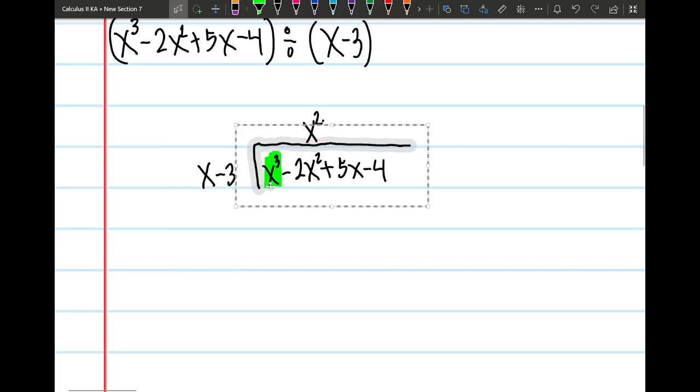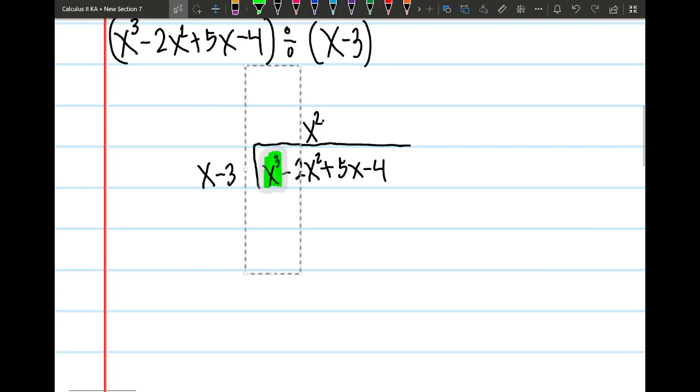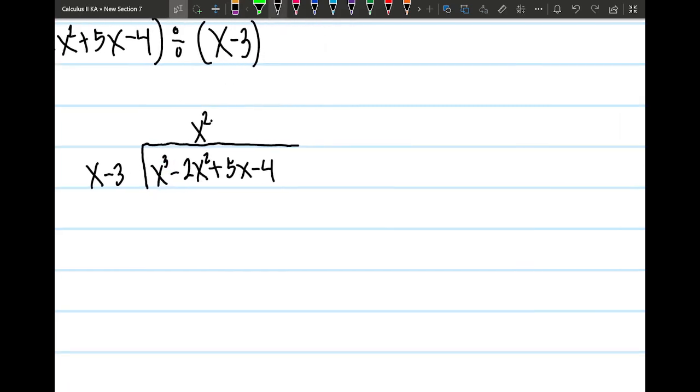Then I'm going to multiply: x squared times x minus 3, and we distribute. So this would be x cubed minus 3x squared.